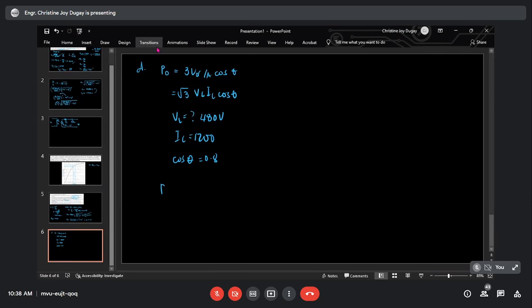So substitution, P output is equal to square root of 3 times 480 multiplied by 1,200 multiplied by 0.8. So what is now the value of P output?